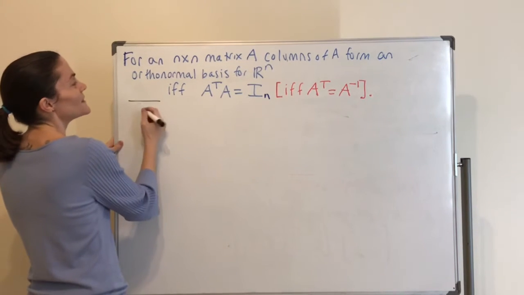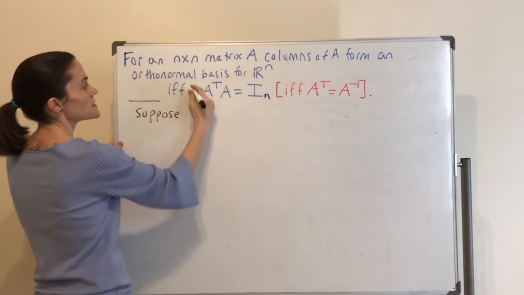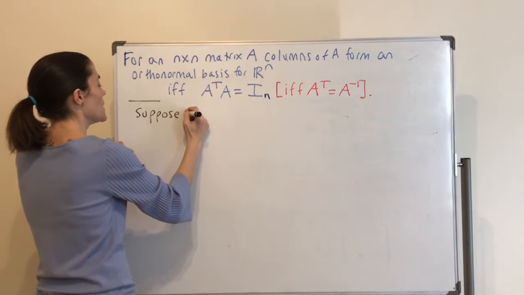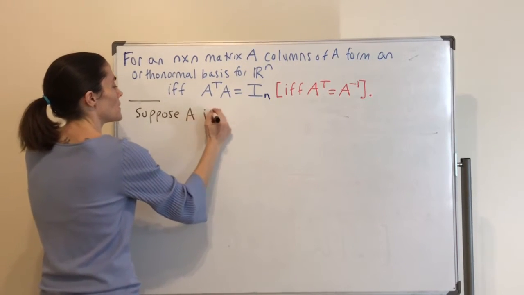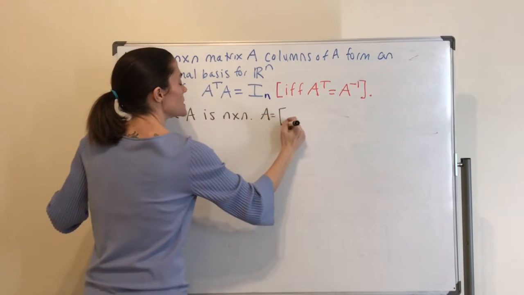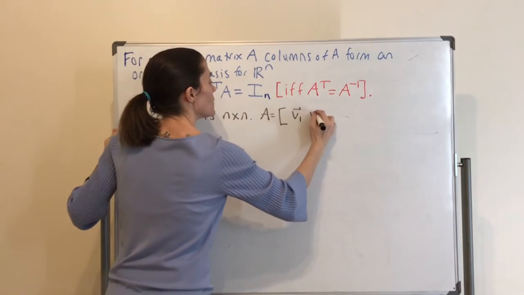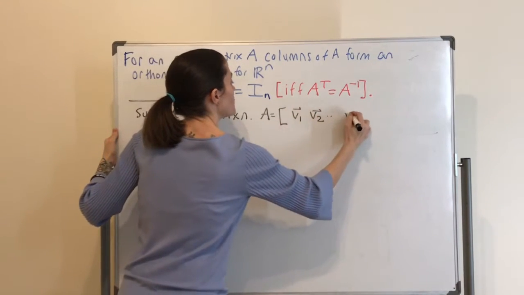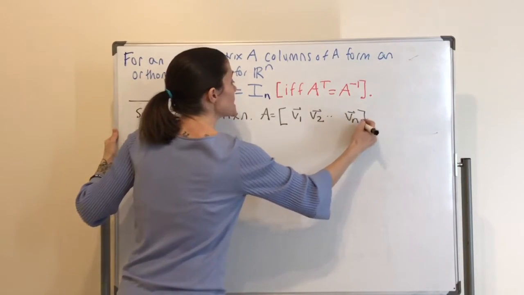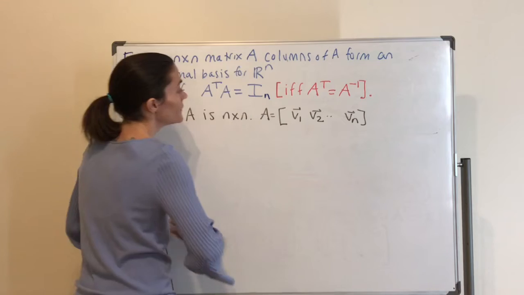So let's suppose we know A is n by n, and this is really an if and only if. And A has columns, let's say V1, V2 to Vn. Each one of these is a vector in Rn because our matrix is square.